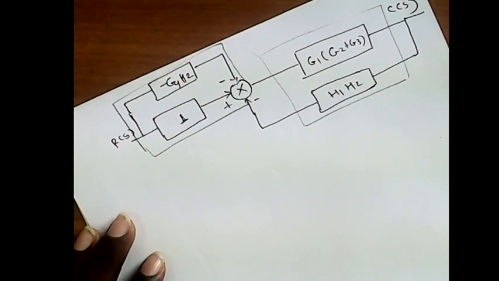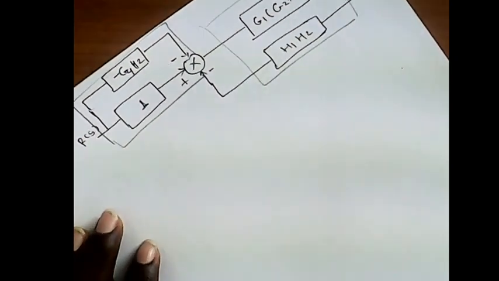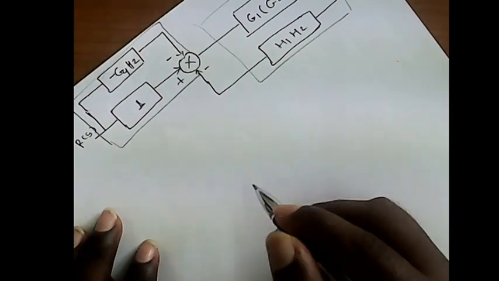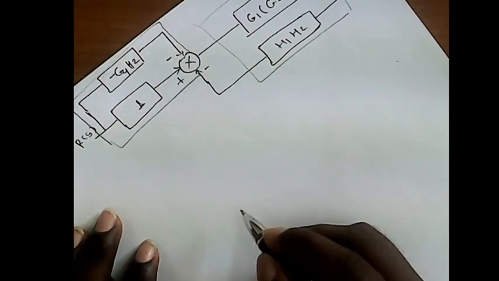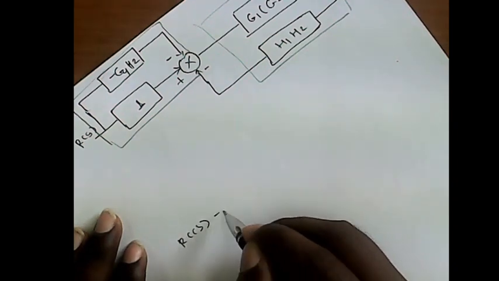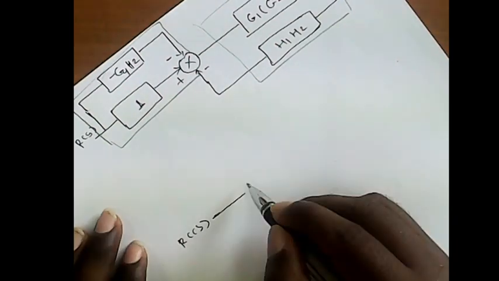So we can obtain the transfer function. When these two blocks are in parallel, they can be added to each other.